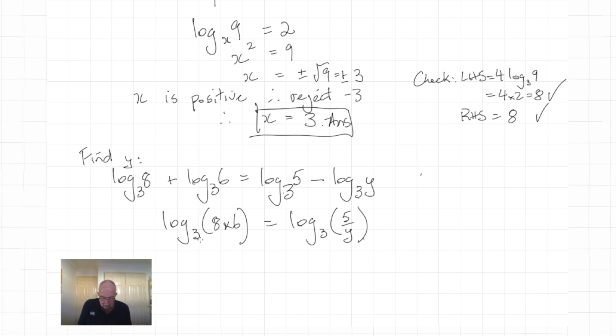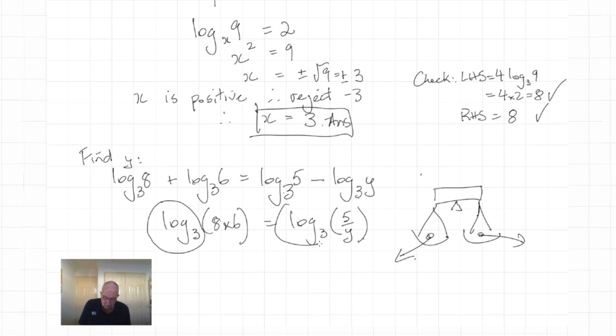Here we've got log to base 3 of something, log to base 3 of something. If you go back to the old set of scales with solving equations, we know that if we do something to this side, we must do exactly the same to that side. Here we're taking log to base 3 of both sides, so if we undo that, because these numbers are both log base 3 on both sides, we can equate the numbers.